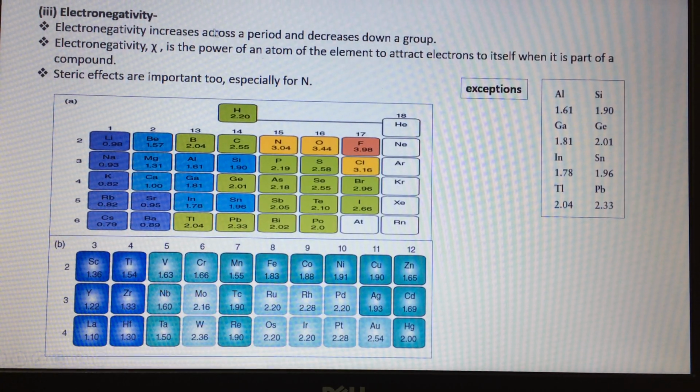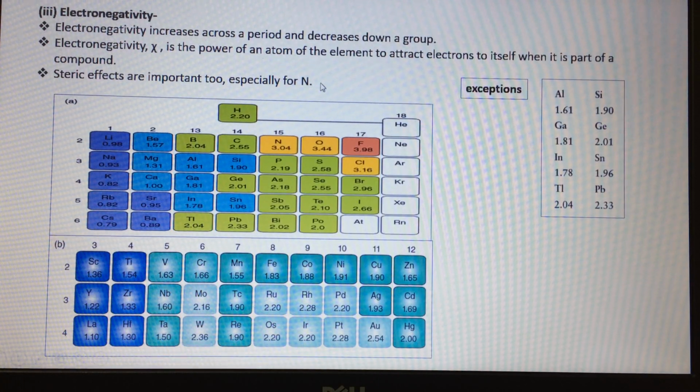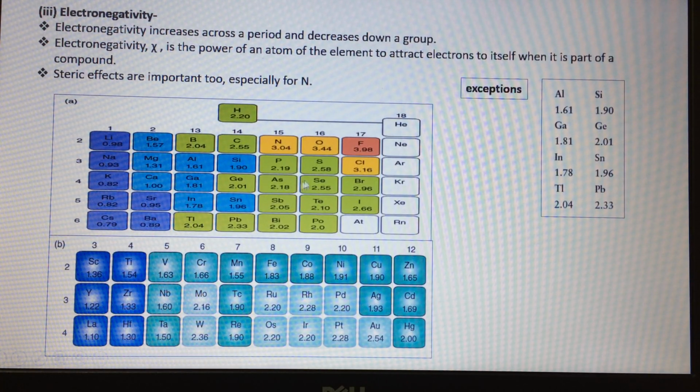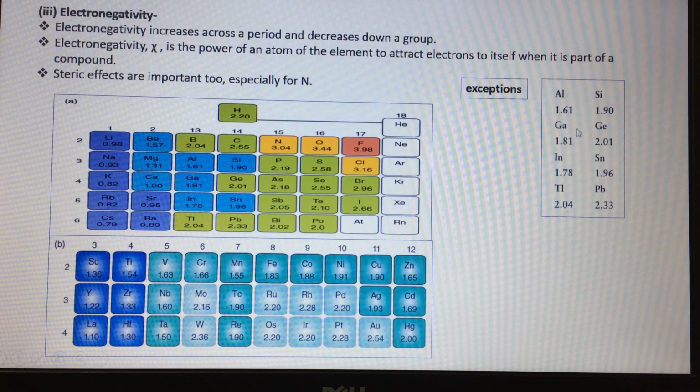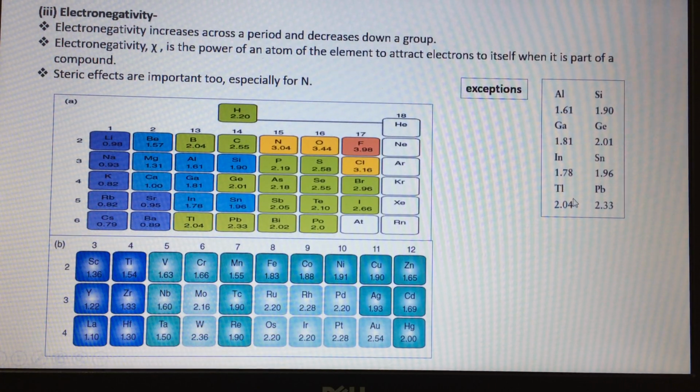And here the steric effect is more important for the nitrogen elements, and this is the exception. Here is not the trend. Electronegativity decreases from top to bottom, but here it increases.